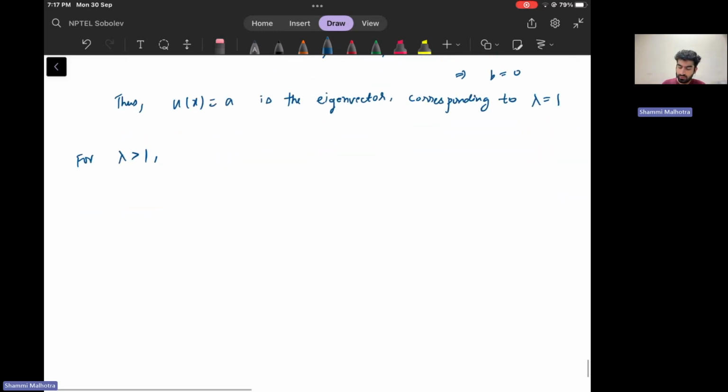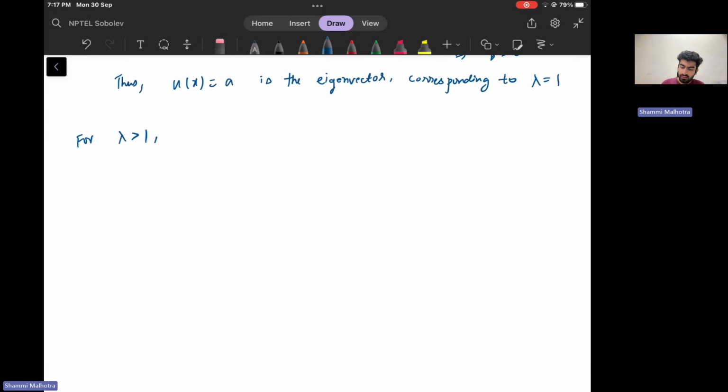So after trying to solve the problem, we can see that if we set alpha to be root of lambda minus 1, because it's a linear ODE, we can write an auxiliary equation and solve this. We deduce that u(x) has to be a cos alpha x plus b sine alpha x.